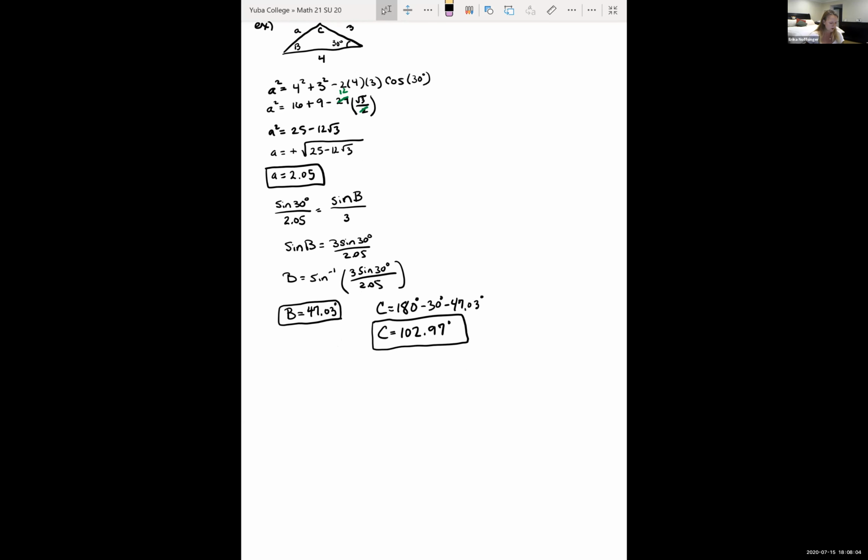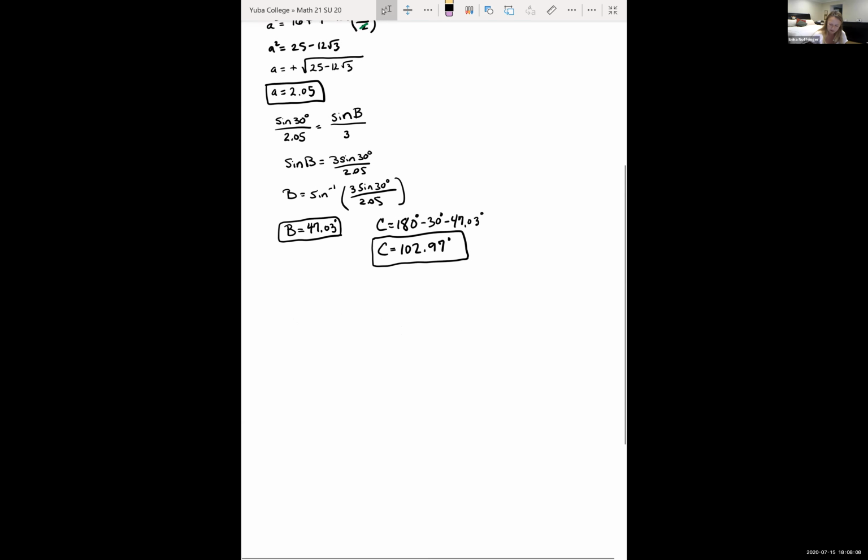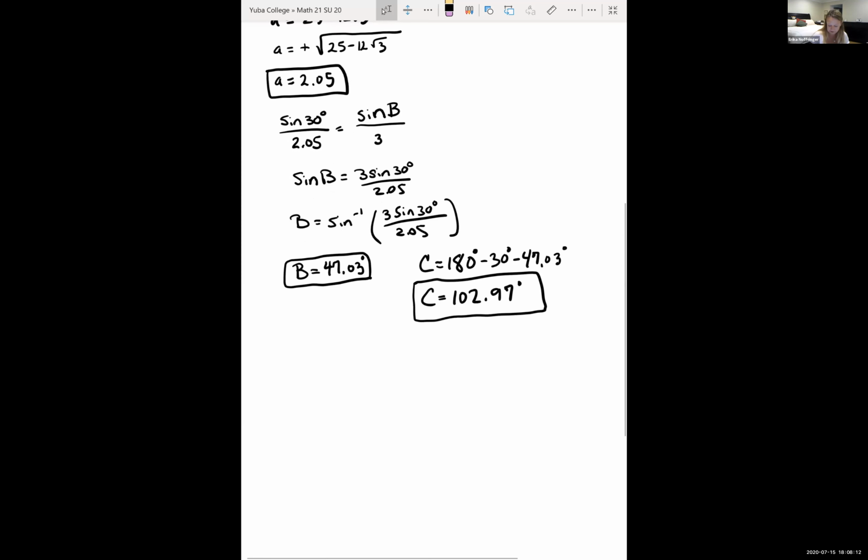Solve the following triangle. This one doesn't give us the triangle itself, though we can always make it if we want, but it says that A is 10, B is 10, and C is 15.